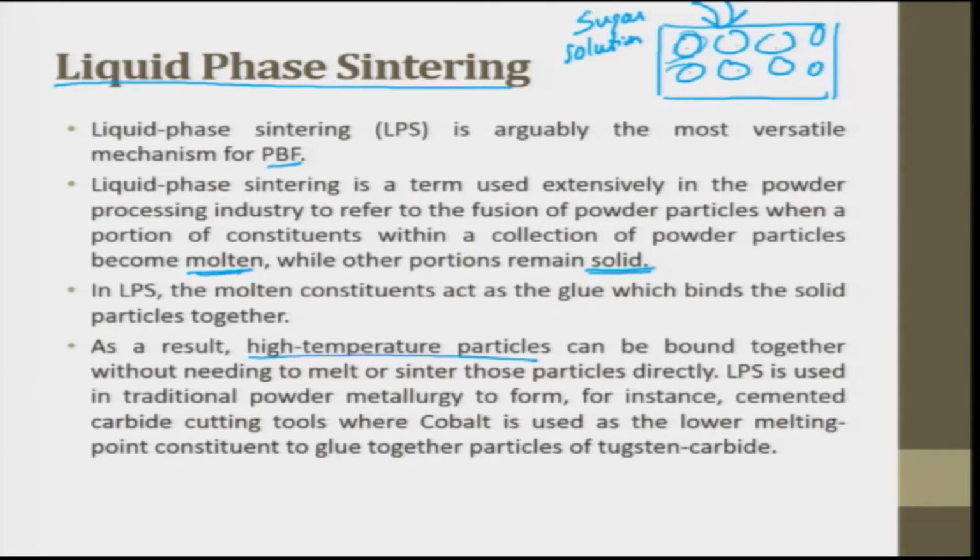LPS is used in traditional powder metallurgy to form, for instance, cemented carbide cutting tools, where cobalt is used as a lower melting point constituent to glue together the tungsten carbide. So, tungsten carbide cobalt is a typical example which is used as a cutting tool for liquid phase sintering. It is rapid manufacturing.